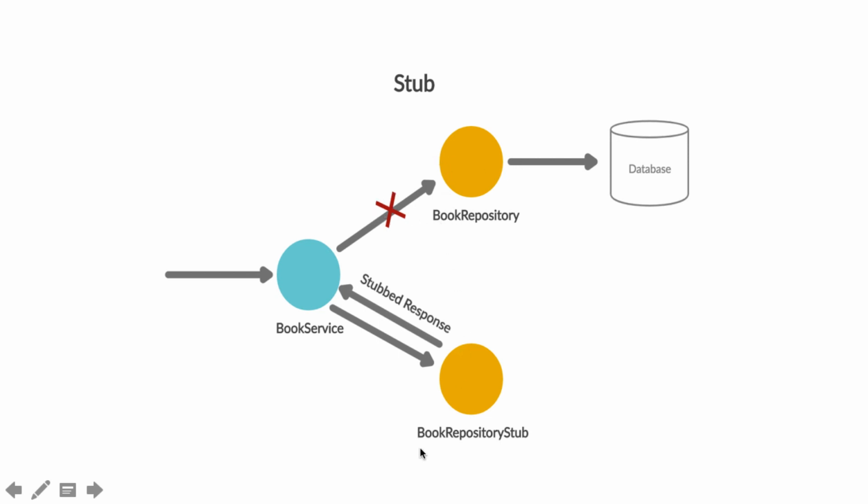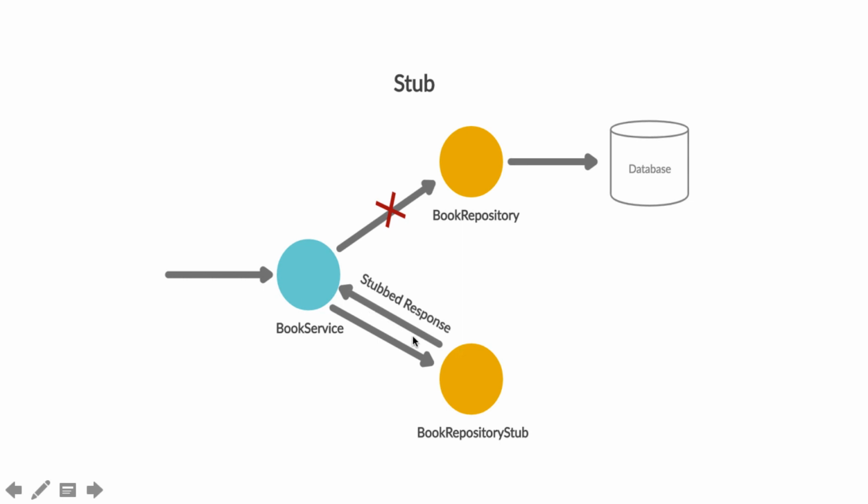We create the book repository stub, and instead of calling the method on book repository, we call the method on the book repository stub, hardcode the behavior there, and finally return a stubbed response, which is later used by book service for its own use case.